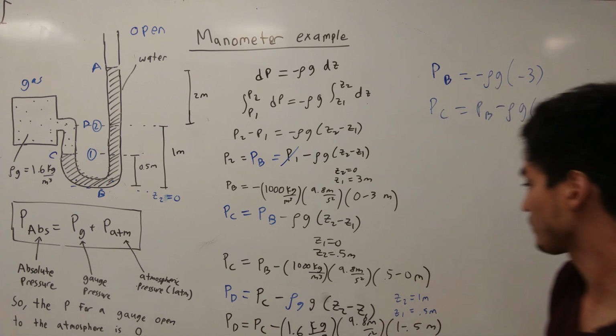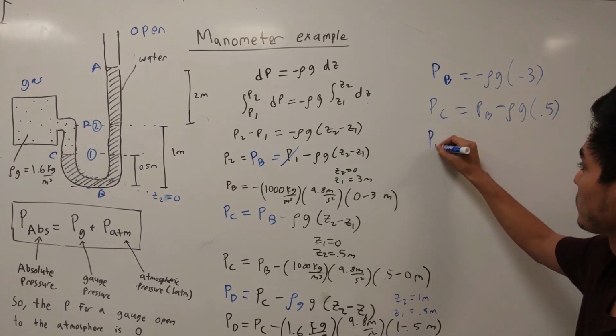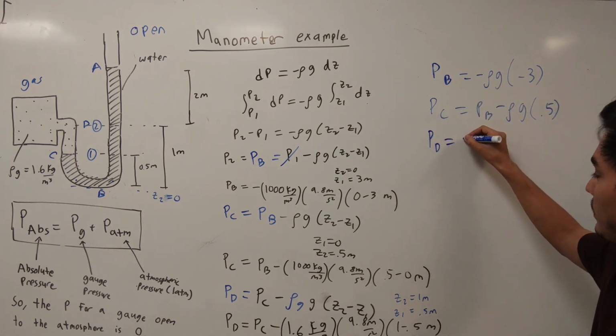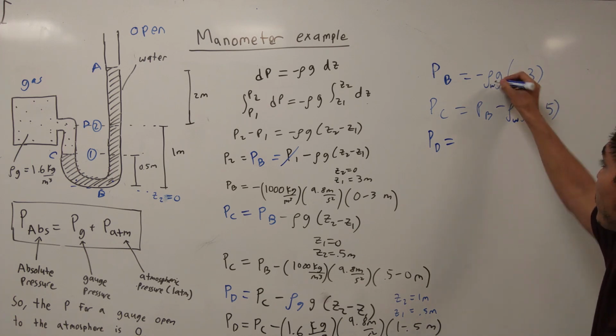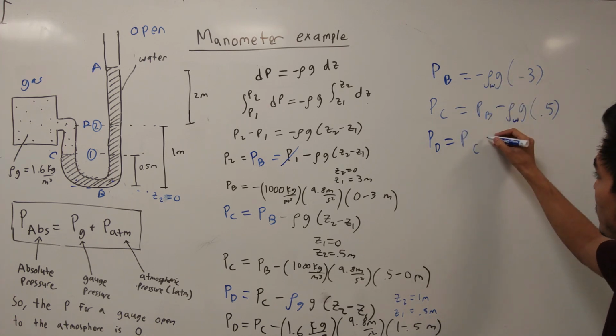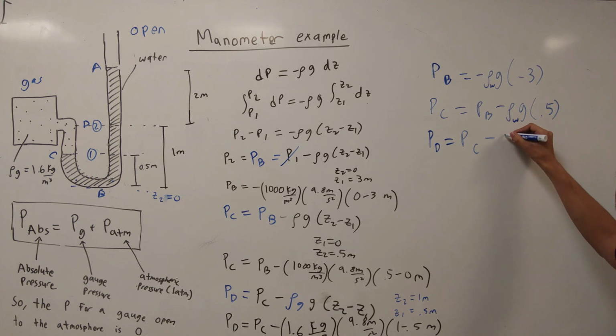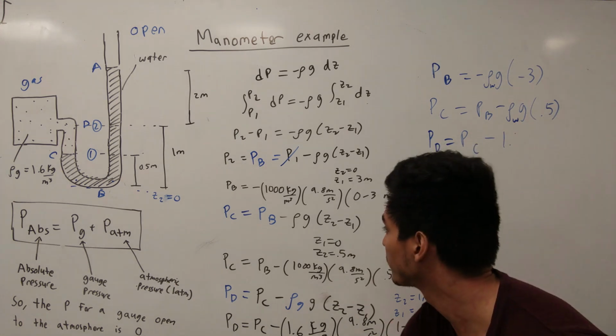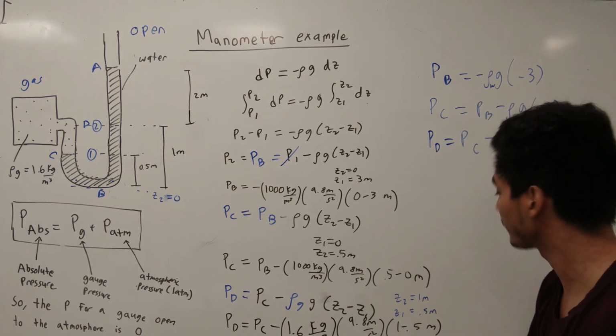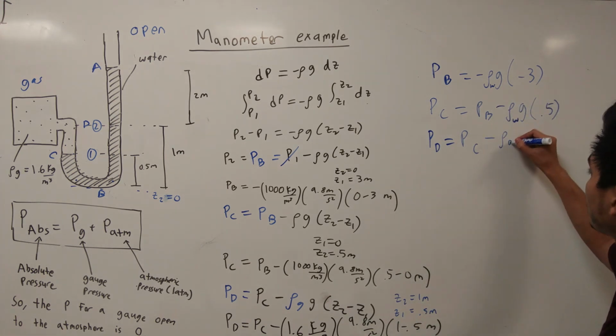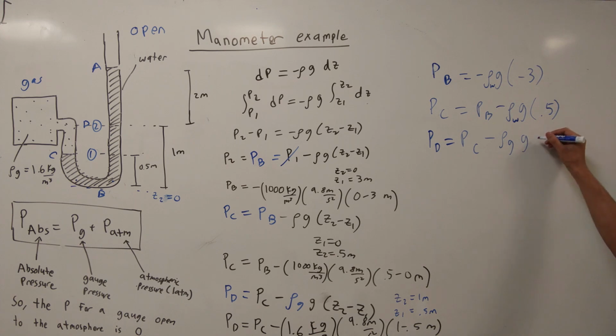and PD is going to be PC minus 1.6, it's going to be rho of the fluid, which is all in terms of the variable, rho of the gas, times G times 1 minus 0.5, which is 0.5.